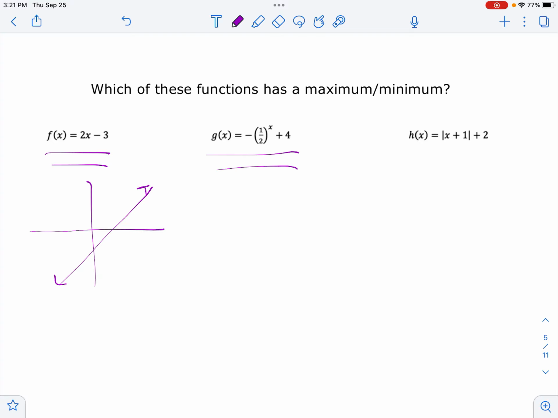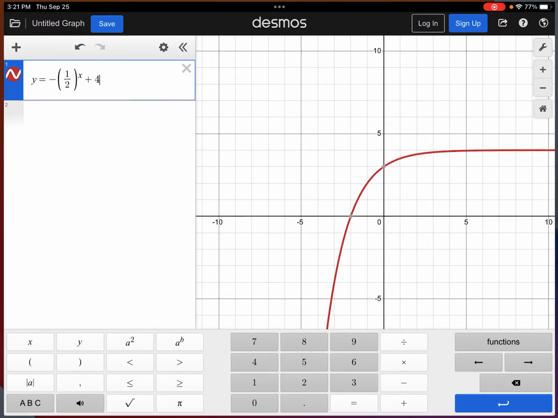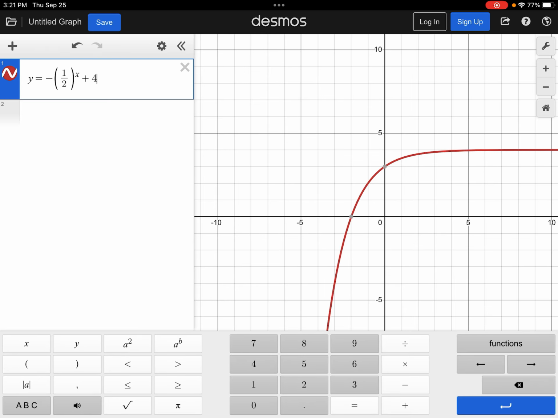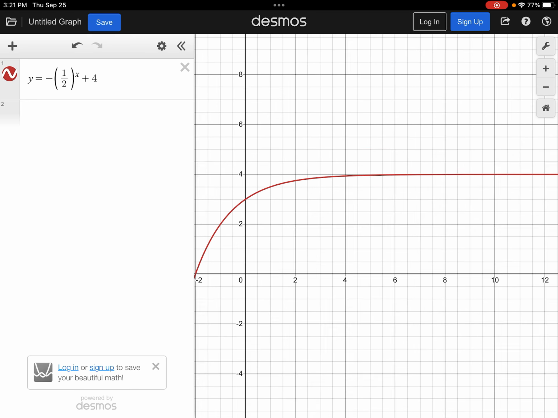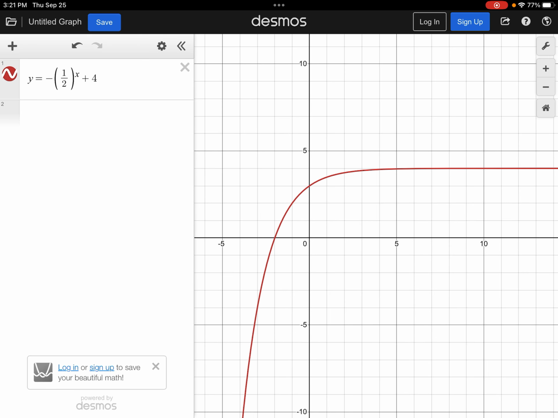All right, this one here, I graphed that on Desmos. So here is that function y equals negative 1/2 to the x power plus 4. And you see, we can zoom in a little bit here. It's an exponential function, right? Now you'll notice this line here across at 4, but it's actually always increasing again.